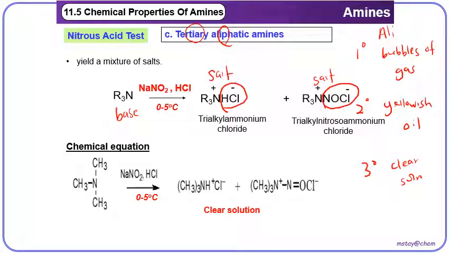Look at here, the structure of the amine is maintained, and you just add on the H+ and Cl-, and the same happens with the NOCl. The structure of the amine you maintain, and then we add on the NO+Cl-. The positive charge belongs to the nitrogen because nitrogen consists of 4 bonds.